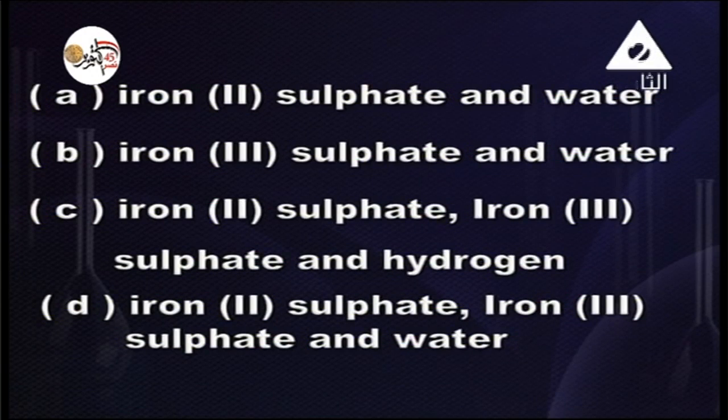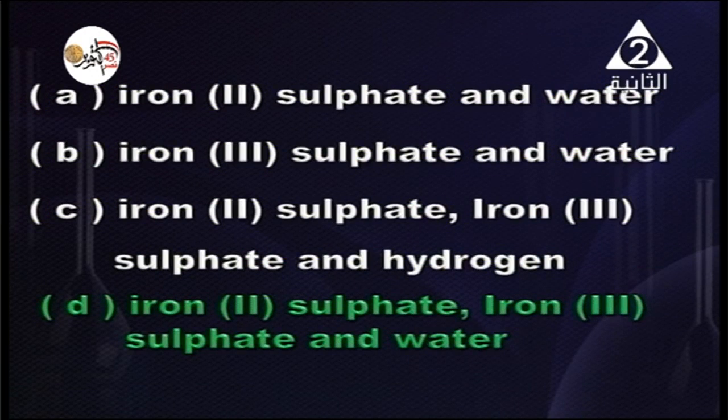If you think about it, my dear student, you will find the answer. It will be iron(II) sulfate and iron(III) sulfate and water, as the mixed oxide here forms two types of salts, iron(II) salt and iron(III) salt.